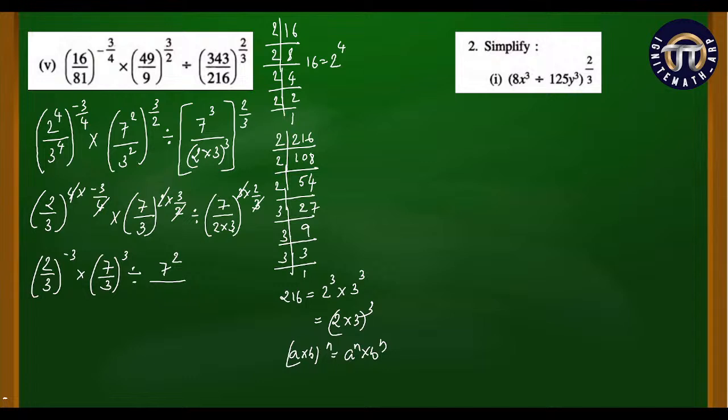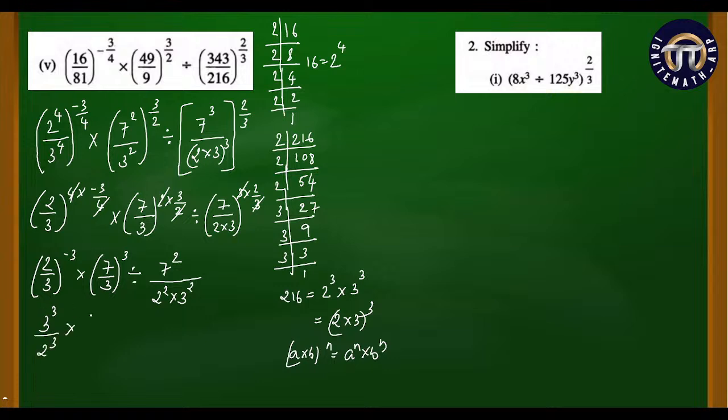So this power is to be taken for 2 as well as 3. So 2 to the power of 2 into 3 to the power of 2. Clear, children? I hope it is clear how I got this expression. Now please pay attention and look at the screen very carefully. Since it is a negative power, I will make it positive. So I'll write this one as 3 to the power of 3 by 2 to the power of 3. Right?